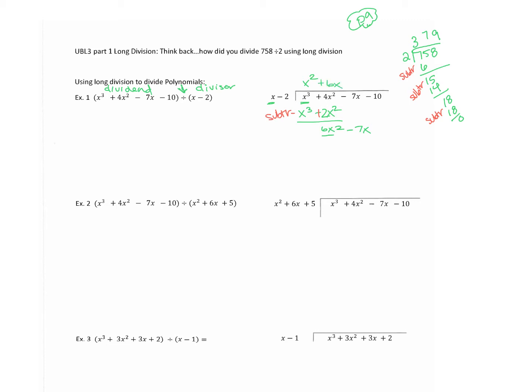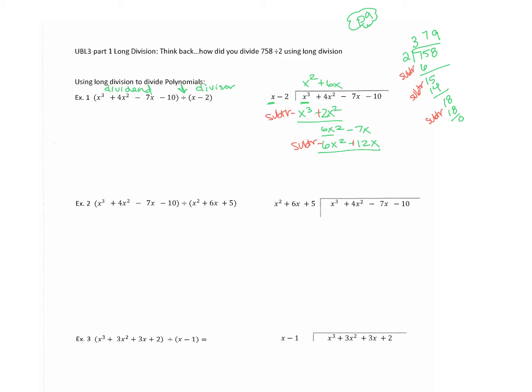So 6x times x gives me that 6x squared, and 6x times negative 2 gives me negative 12x. And before I do anything, I need to catch myself and make sure I subtract both terms. That means I'm going to change my signs. So minus and plus. And now I'm ready to subtract.